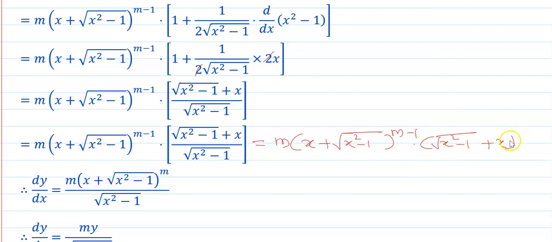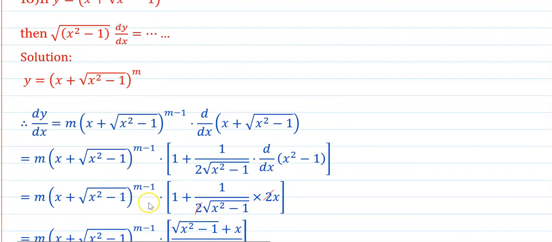Okay, its power is 1 and minus 1, will get cancelled. This whole divided by root of x square minus 1, and this m comes here: (x plus root of x square minus 1) raised to m upon root of x square minus 1.